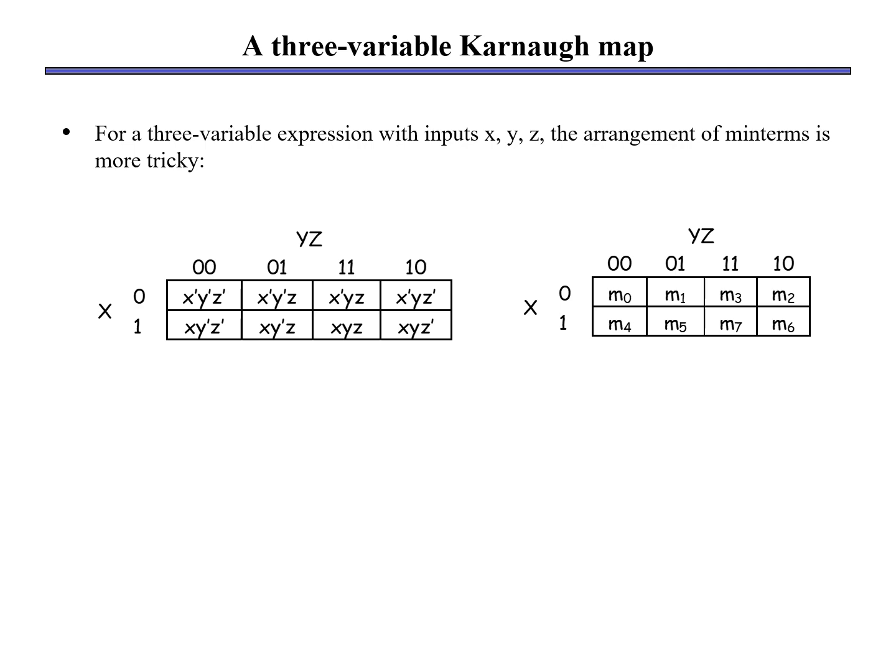They have represented how to write the min terms in the truth table. Starting from M0, the second box is M1, the third box is filled with M3, and the next box is filled with M2. Then M4, M5, then M7, and finally M6. This is the K-map for 3 variables.